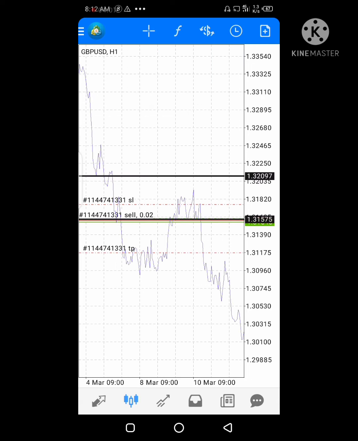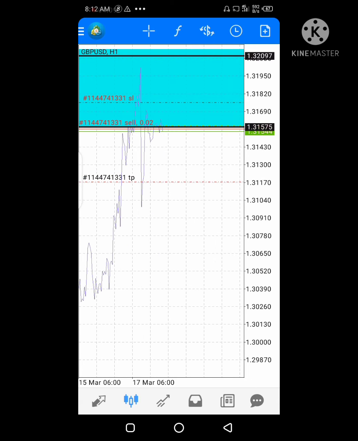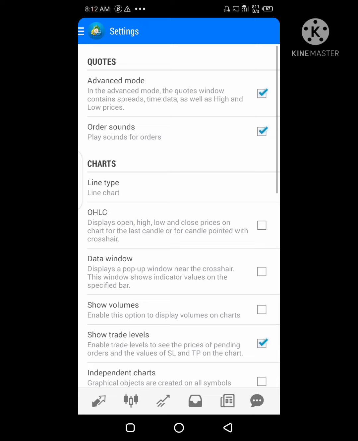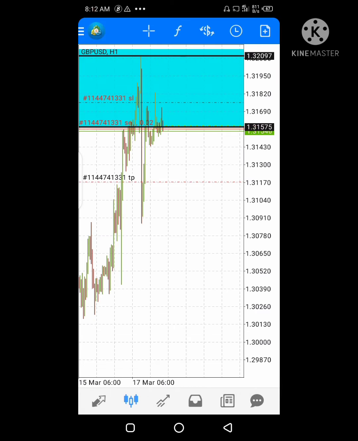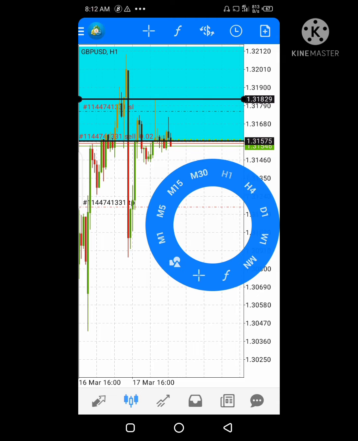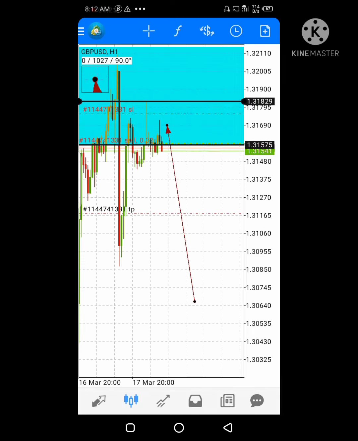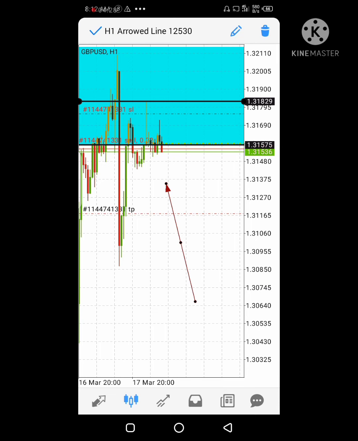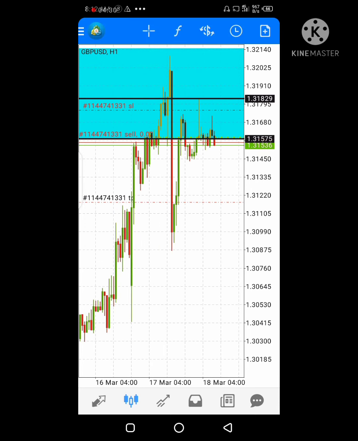So our focus will now be here. So I'm going to change to candlestick, so I'll know the end. So I'm just going to put this one down to the tip, because this wick right here formed the tip of that entry I'm just telling you.